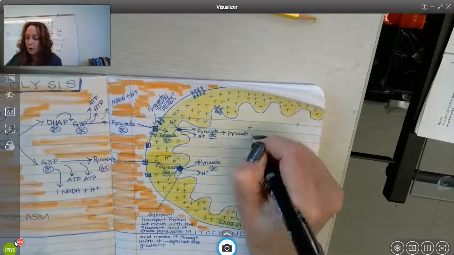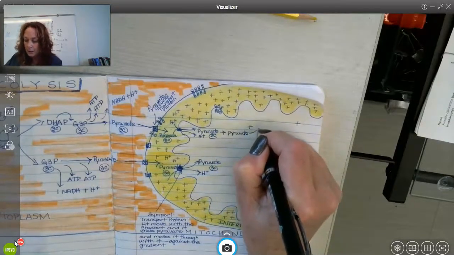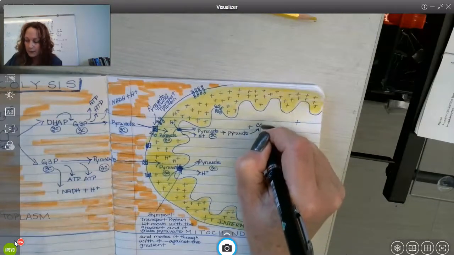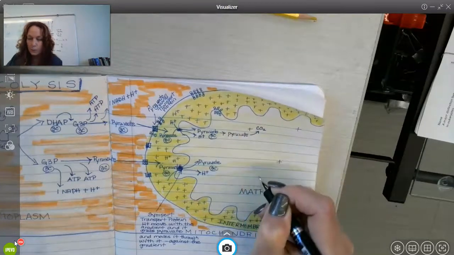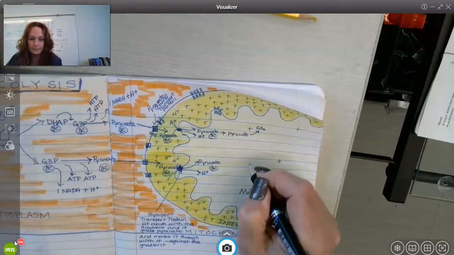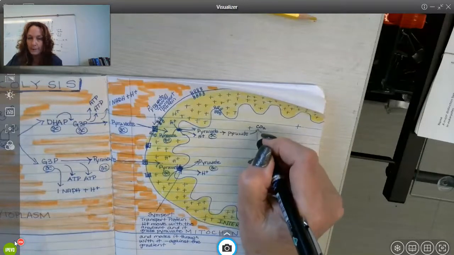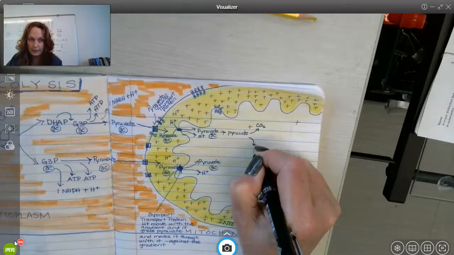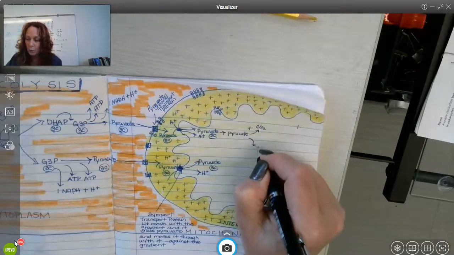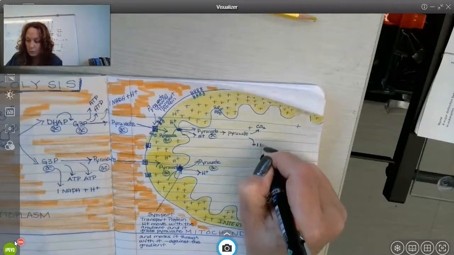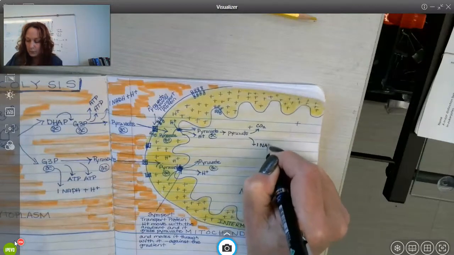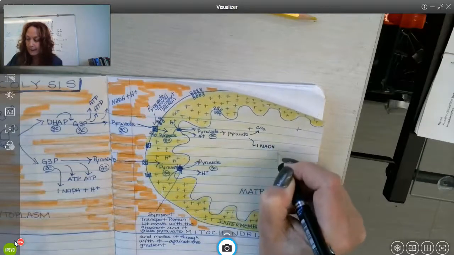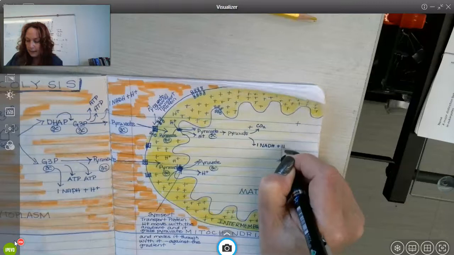And I'm going to show that it's going to lose a carbon. So we're going to break a carbon off, and carbon dioxide's going to be formed. When we broke that bond, there were electrons that were created, lost. So we're going to give those to NAD, forming NADH, and a hydrogen ion.